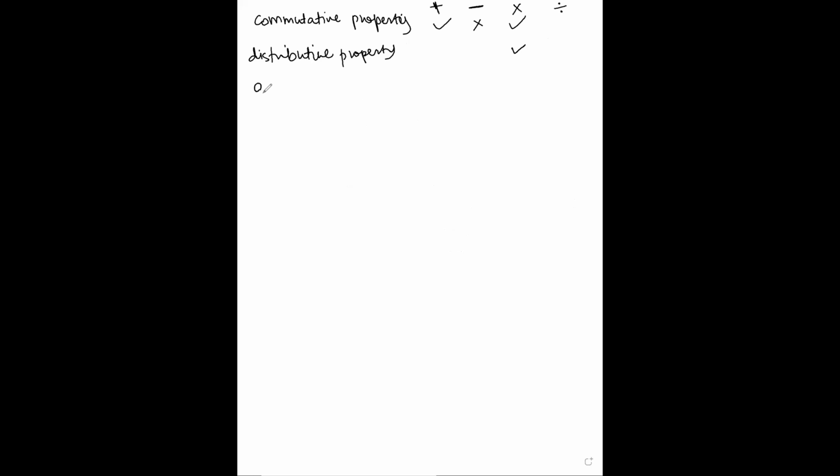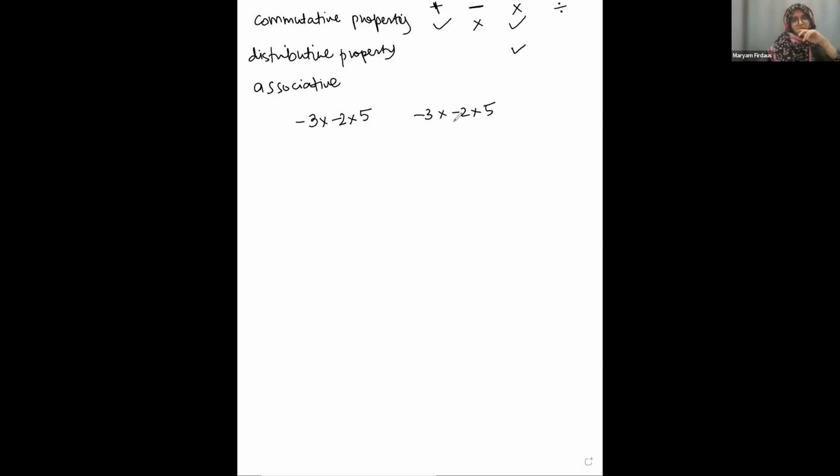Associative properties are like groups. For example, (minus 3 multiplied by minus 2) multiplied by 5, and minus 3 multiplied by (minus 2 multiplied by 5). What's the difference in these?